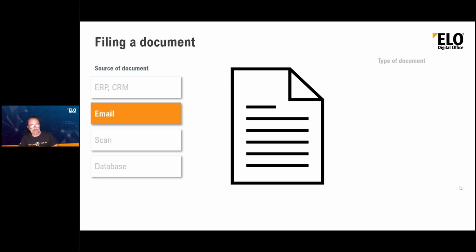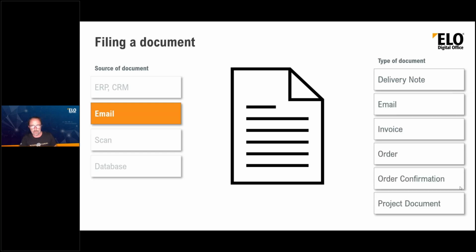Then the second thing is, what's the type of the document? That's the classification. Is it a delivery note, an email, an invoice, an order confirmation, project document, an offer, or something else? This we have to think of when we receive the document.